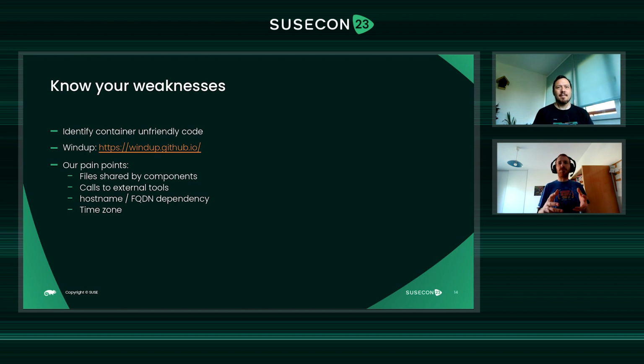Of course, it does not provide an exhaustive view. It doesn't replace human thinking and knowledge of the code, but it also helps discovering a few pieces. In our case, the pain points we had were files that are shared between components, mostly between the Tomcat and Salt, but not only.